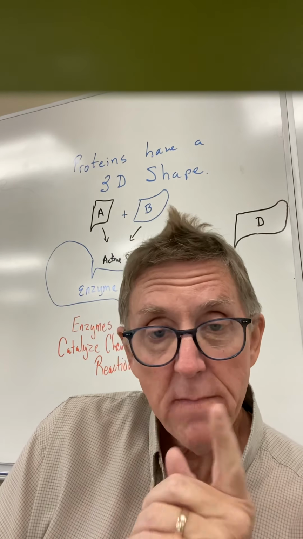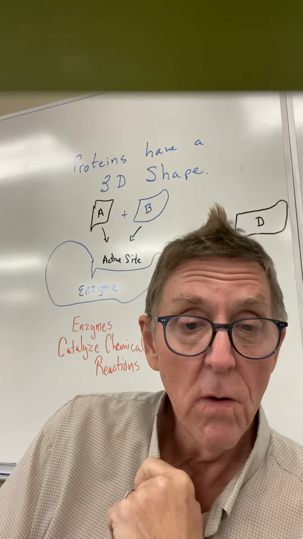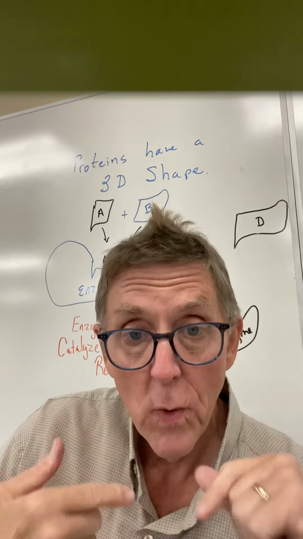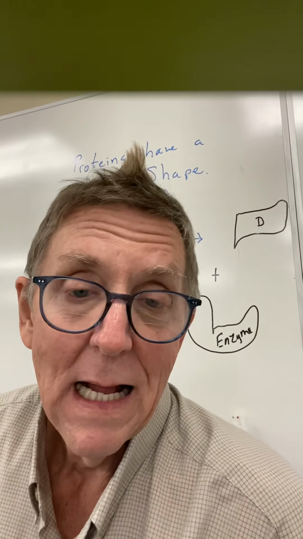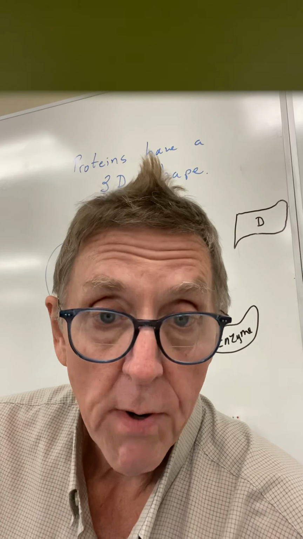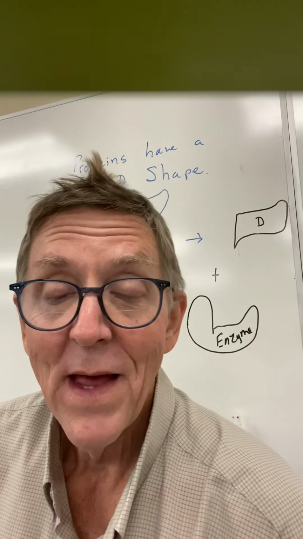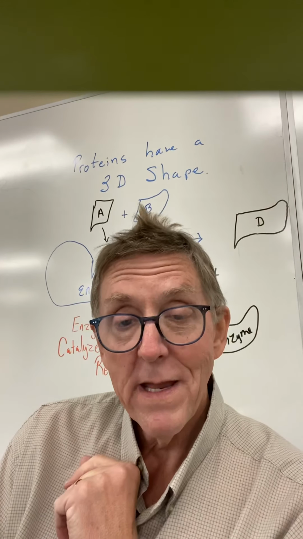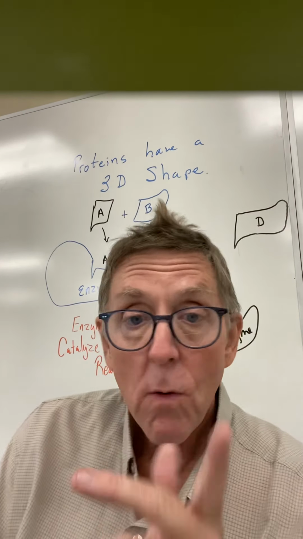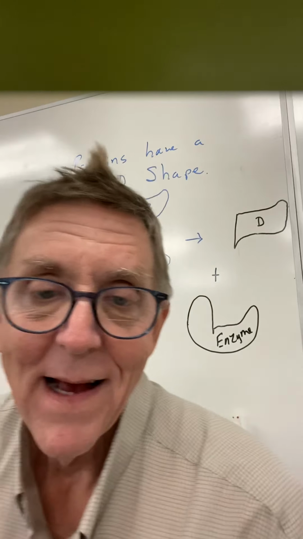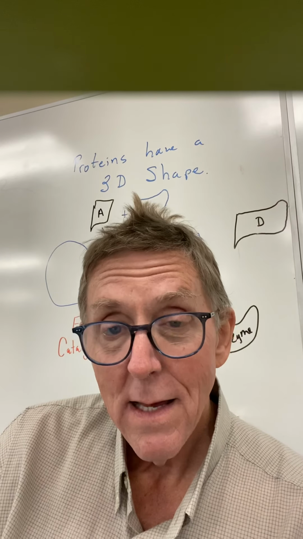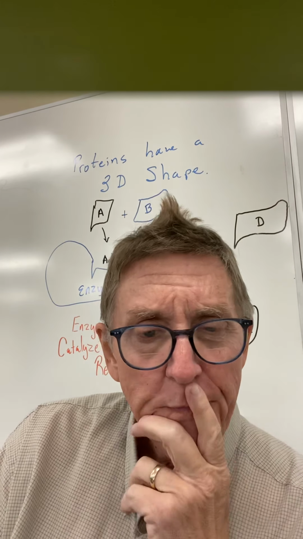Now, when we think about biological entities like you and me, I don't want them putting a Bunsen burner underneath me, right? And I'm sure you don't either. And we don't have to. Why is that?